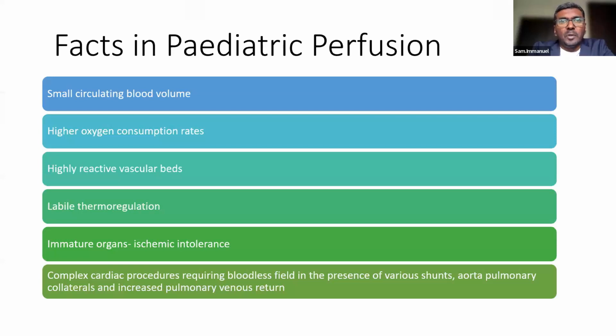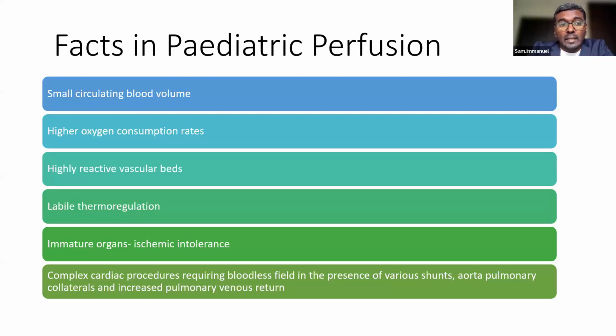As a pediatric perfusionist, I would like to make each and everyone in this forum think and always keep these facts in mind. Number one, the pediatric circulating volume is much smaller. The oxygen need of the tissue is much higher than in any adult.